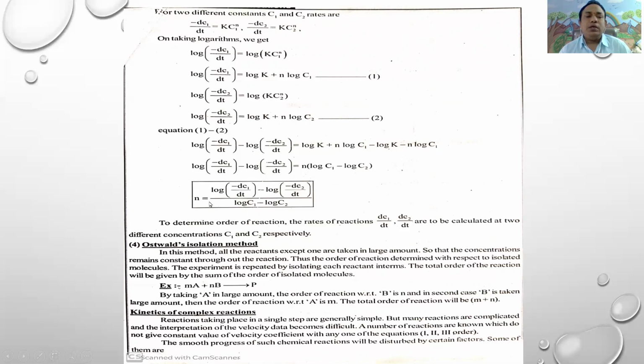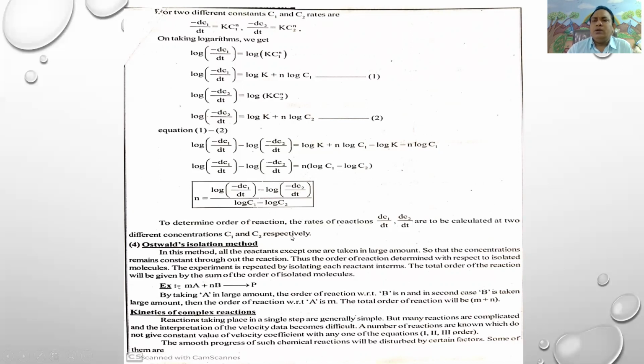That implies n equals (log(minus dC1 by dt) minus log(minus dC2 by dt)) whole by (log C1 minus log C2). Here, to determine the order of reaction, the rates of reaction dC1 by dt and dC2 by dt are to be calculated at two different concentrations, that is C1 and C2 respectively.